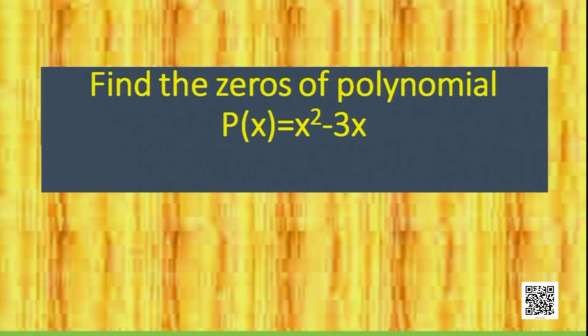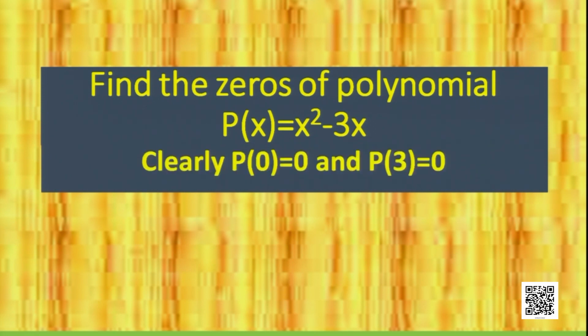So we can say that p(0) is 0, so 0 is a 0 of the polynomial. But what about the other 0, if any? Now here it is written p(3) equal to 0. Is it true? Is the value of the polynomial 0 at 3? Let's see.